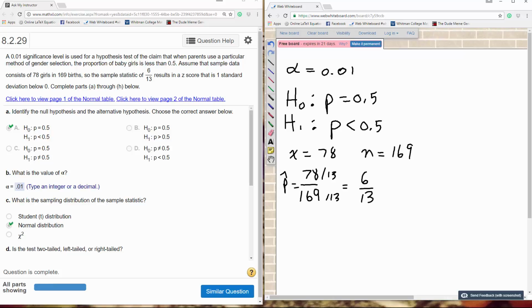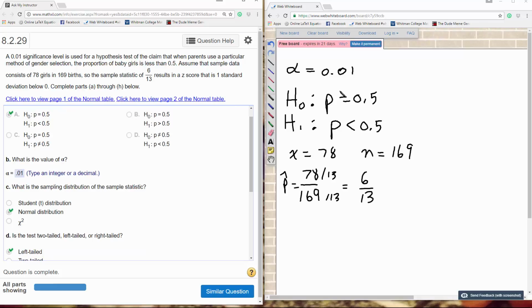So the first part, of course, we already talked about the null and alternative hypothesis. The second part, alpha, is your level of significance. What is the sampling distribution? This is a normal distribution. Definitely is not a t because we have more than 30, and we're not comparing standard deviation, so it's not the chi-squared.